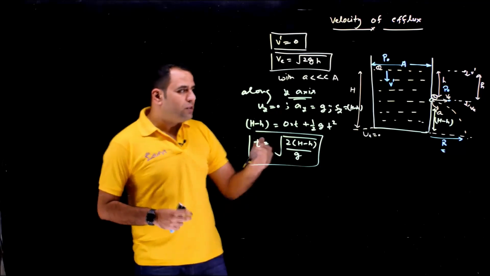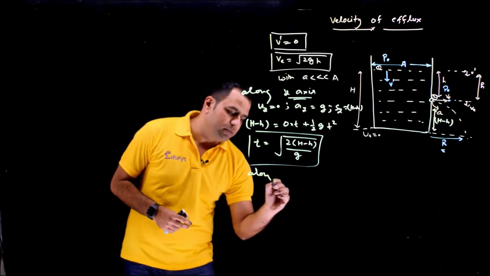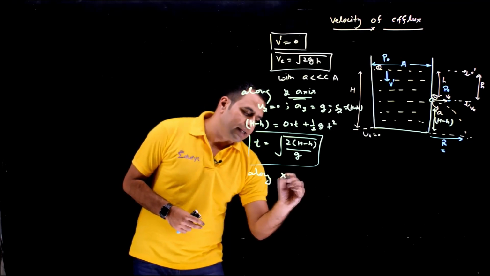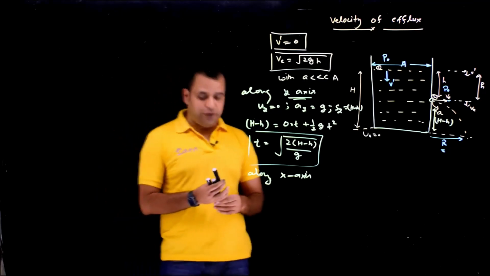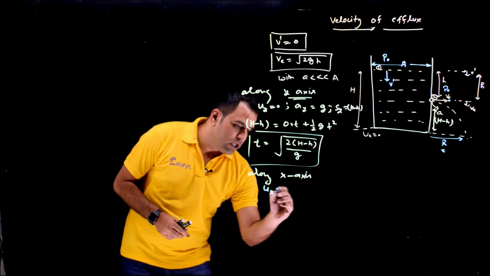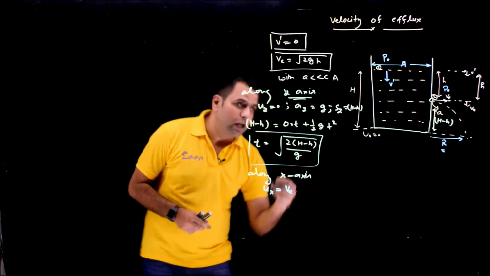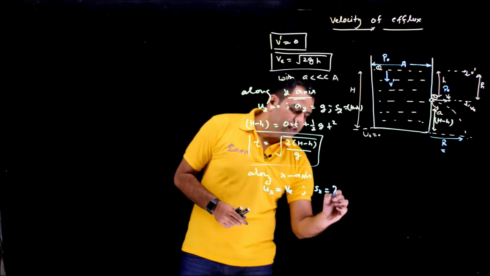Now in this time, how much distance is this liquid going to travel? To calculate that, I'll solve the same equation, but this time along the x-axis. If I solve along the x-axis, we have to take the values of ux and ax. The ux is ve, and that value we have already calculated. The displacement along the x-axis we have to calculate.